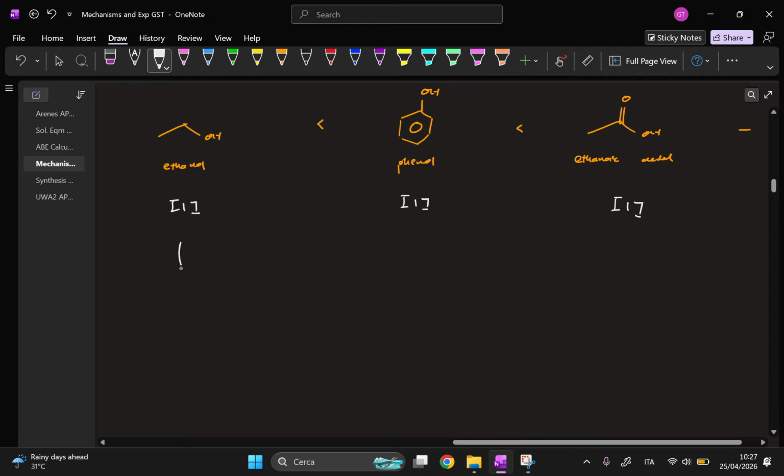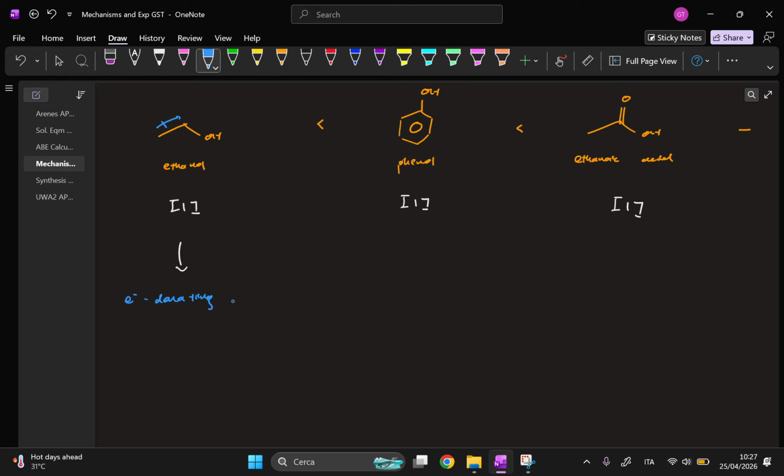So why is ethanol the weakest acid? Because ultimately, what is this alkyl group? This alkyl group is electron donating. And ultimately, you cannot say that it is an alkyl group. You need to say that it is an ethyl group.